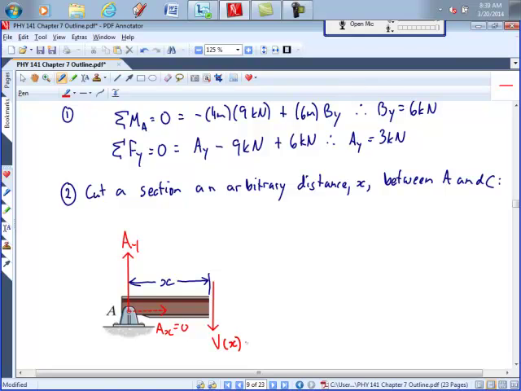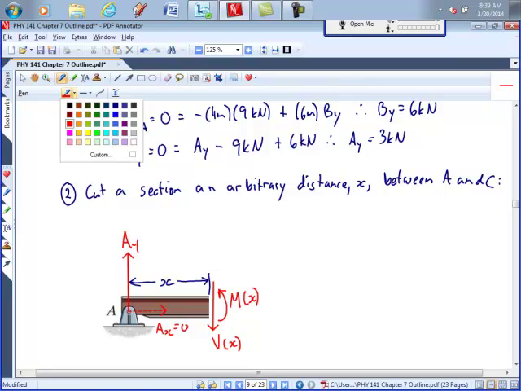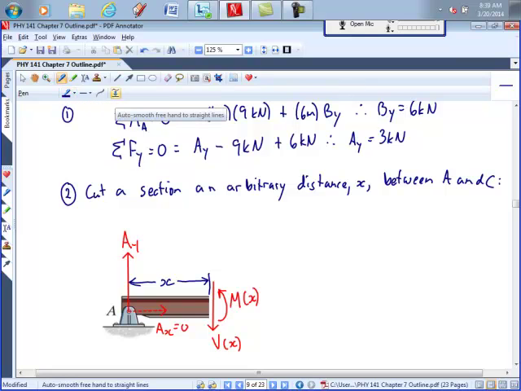So that's v as a function of x. And we would also have a moment reaction at that section cut. If it's positive, what direction is it going to be in? Counterclockwise, because it's a left section, and that would produce a concave upper surface. So that would be m as a function of x. Now what?